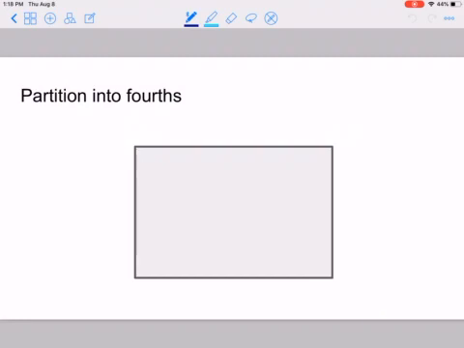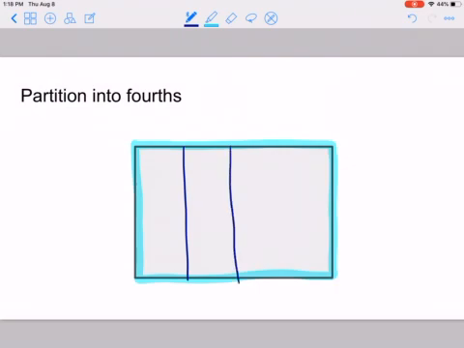We're going to partition this rectangle into fourths. Again, this is the whole piece. We're going to partition it into fourths. So we're going to make 3 lines. 1, 2, 3, 4. So 1, 2, 3, 4. Make sure we have the same, our pieces match.